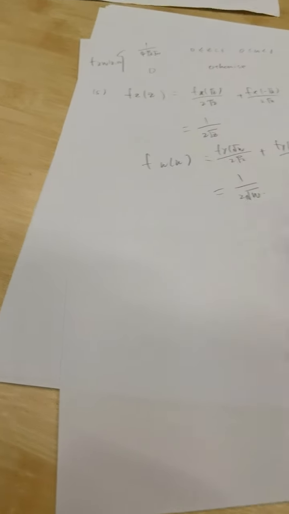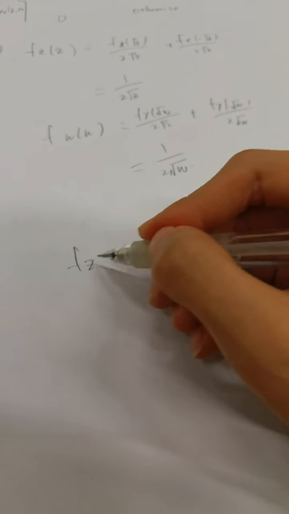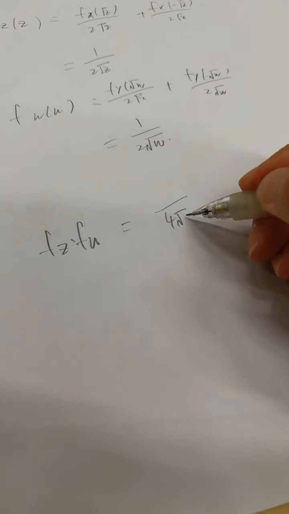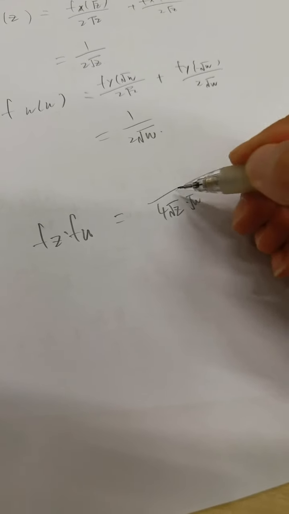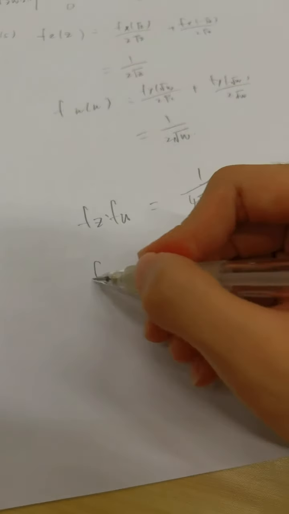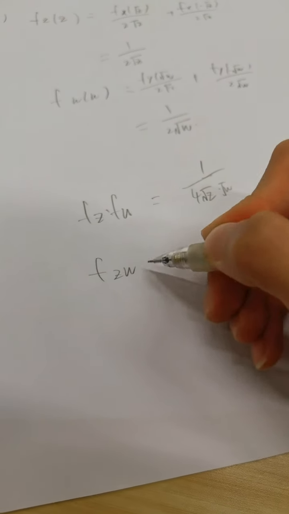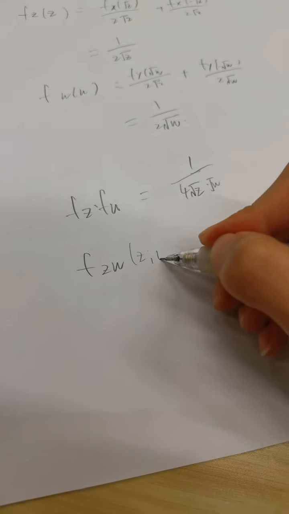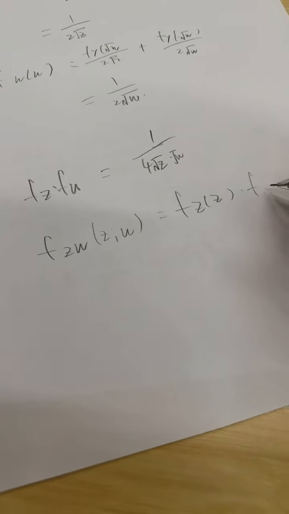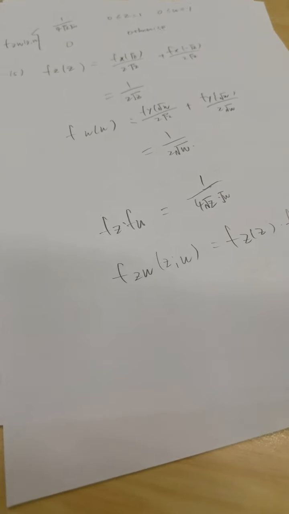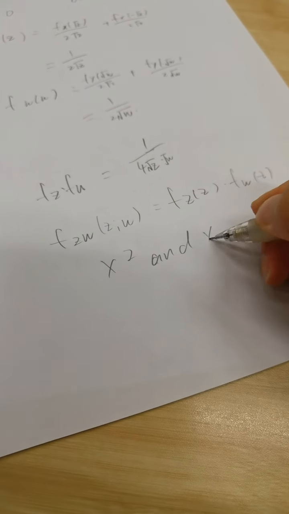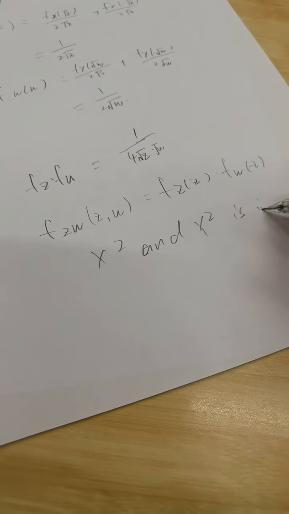So when we multiply these two functions together, it is equal to 1 over 4 square root z times square root w. As we know, it is equal to the density function f(z,w). So we can prove that X squared and Y squared are independent.